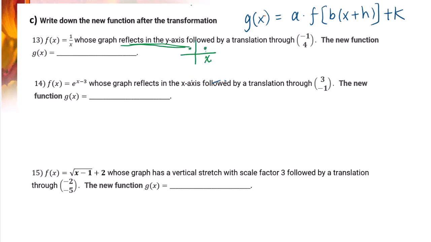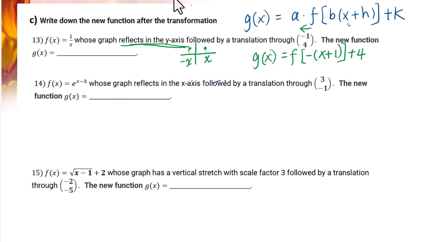Here is x, this is a negative x, which means this transformation is related to this x. So we will write down g of x equals f of negative, then parentheses. Negative 1, 4 is a vector. Negative 1 means translate to the left. So x plus 1 plus 4.